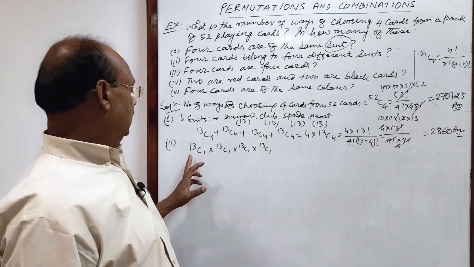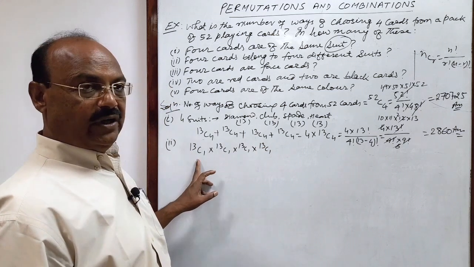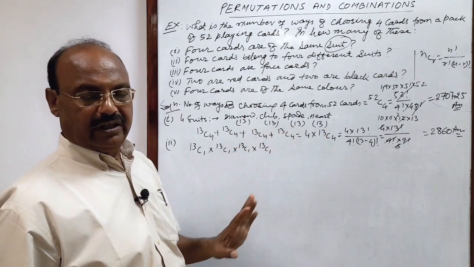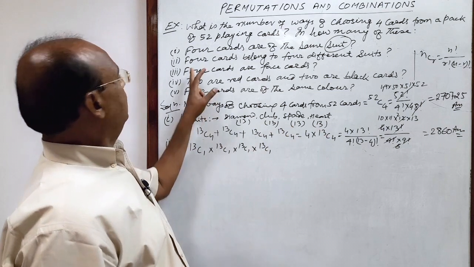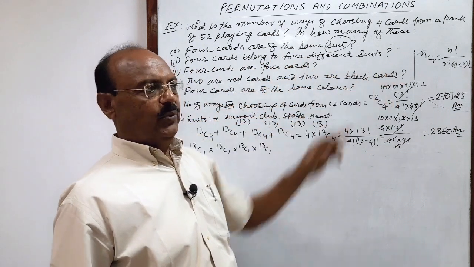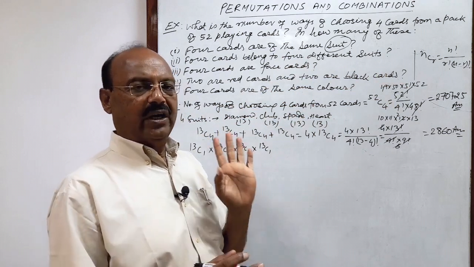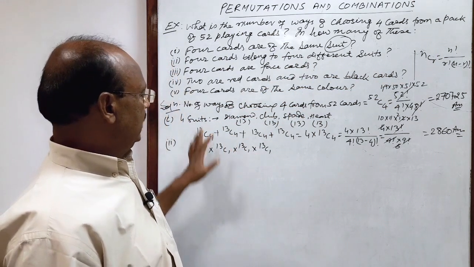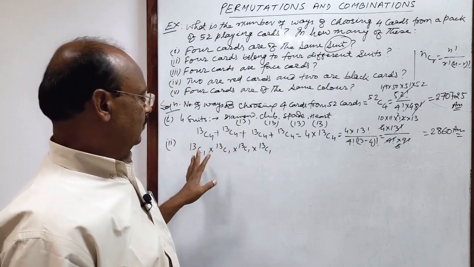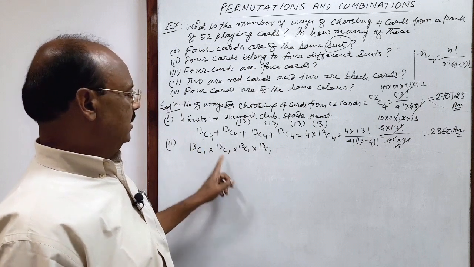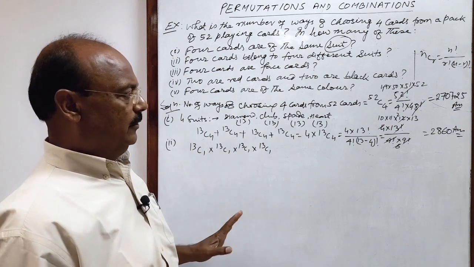First of all, how are we getting 13C1? Because each suit is having 13 cards and 4 cards belong to 4 different suits, means from each suit there will be 1 card. Okay. So 13C1. So there are 4 suits and from each suit 1 card is selected. So 13C1, 13C1, 13C1, 13C1.